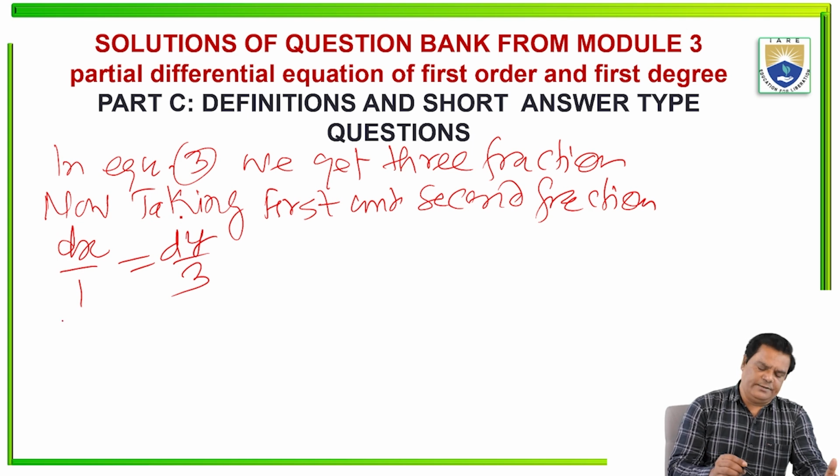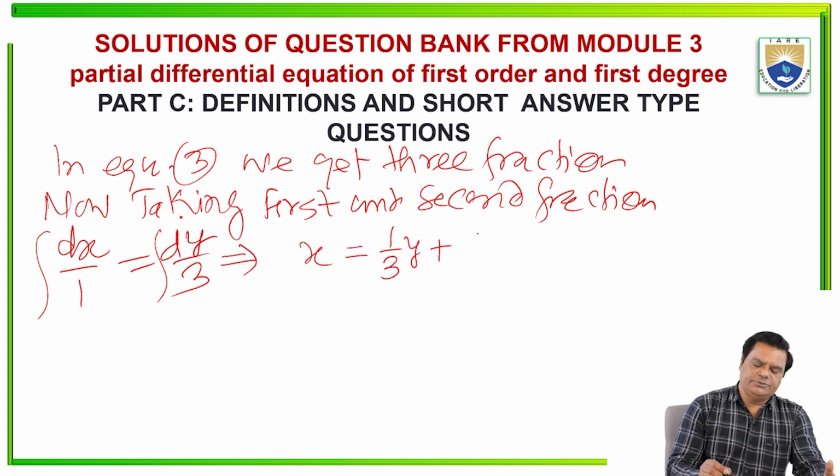Variables are separate. Here integrating on both sides. This implies that x equal to 1 upon 3 y plus c1. So here plus c1. Now 3x, c1, adding this side.